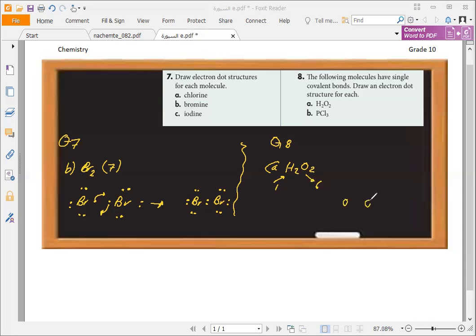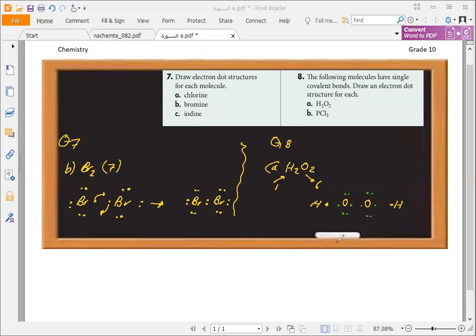So we draw oxygen in the center, 2 oxygen atoms. And here we draw 1 hydrogen and 1 hydrogen. Here 1 dot for hydrogen. And here we have 6 dots for oxygen, and 6 dots for oxygen.